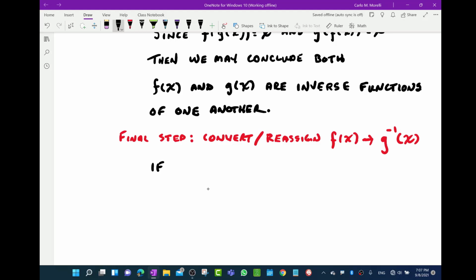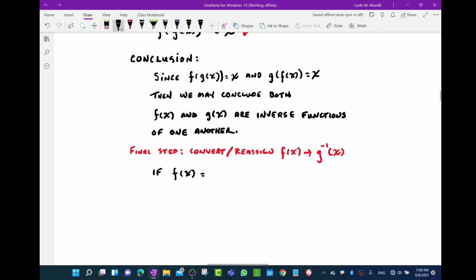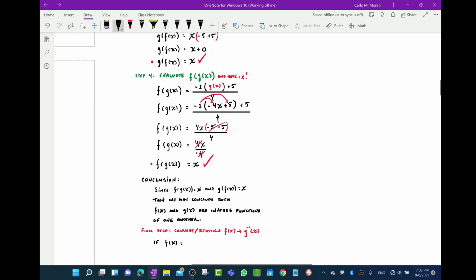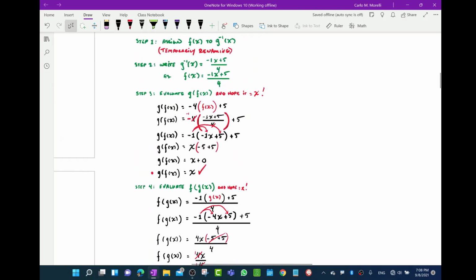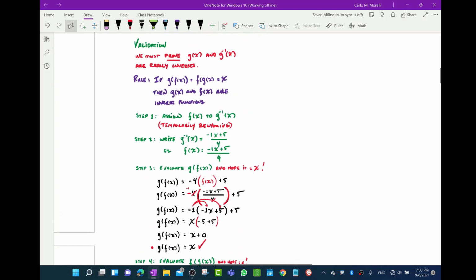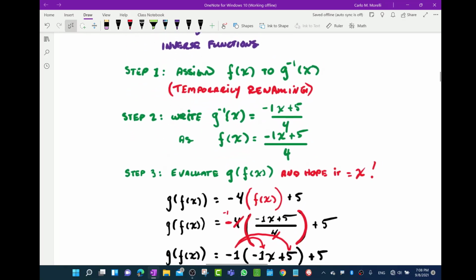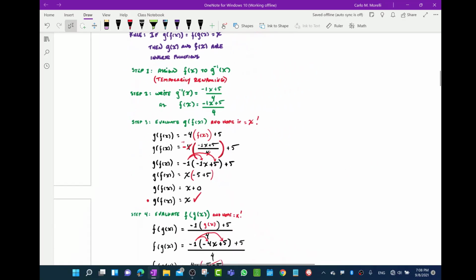If f of x equals, and what did it equal? Negative 1x plus 5 over 4.